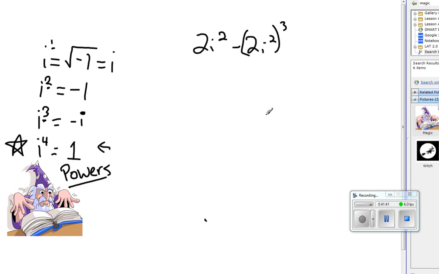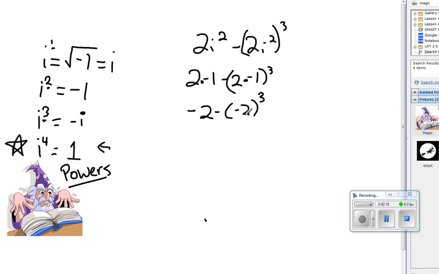But i squared is negative 1, so that's going to be 2 times negative 1 minus 2 times negative 1 to the third. So 2 times negative 1 would be negative 2, minus negative 2 to the third power.